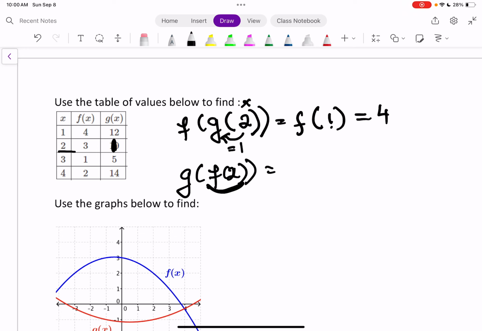If I plug a 2 into the function f first, what I am going to get is a 3. That means f of 2 is 3. If x is 2, f of 2 is 3. We've read tables in 1.1. Now, this 3 has to be further plugged in through the function g. So now x is 3, and I'm plugging it in through the function g. What's g when x is 3? That would be 5.